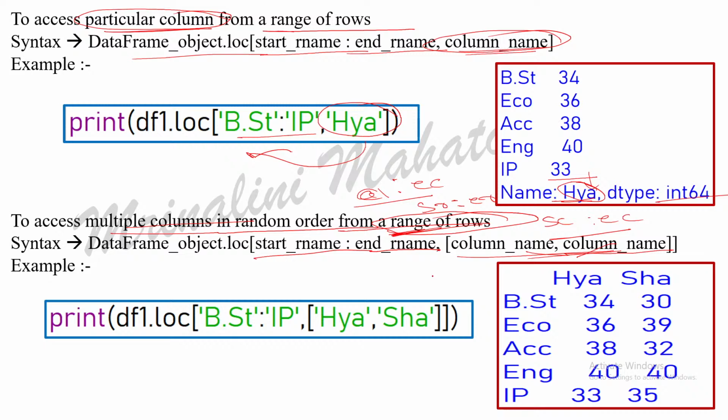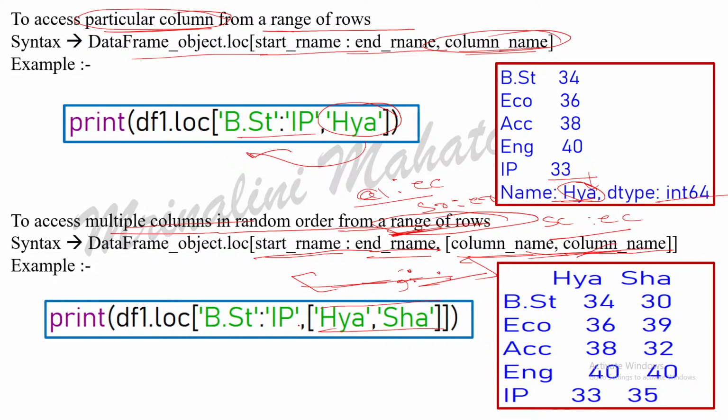If we put it with a colon, that is the format for continuous order across multiple columns, in one list only. This is for rows and then this is for columns. But for random order, we open another list and write it. So DataFrame object.loc[start row name : end row name, [column name, column name]].